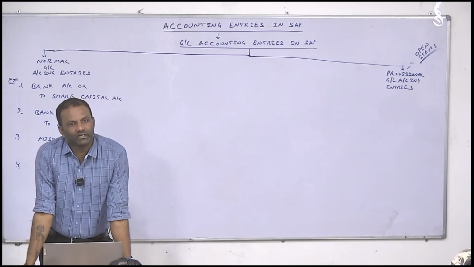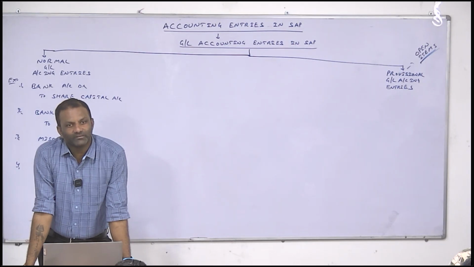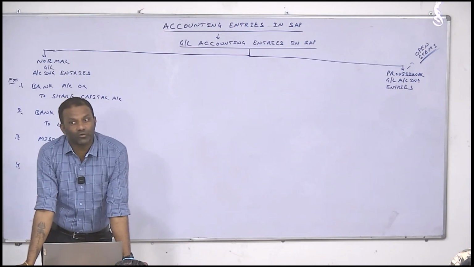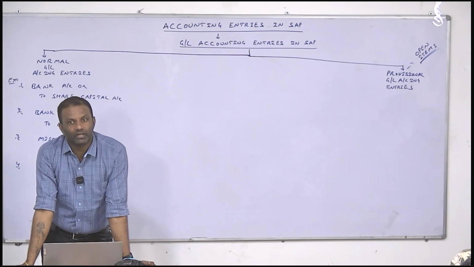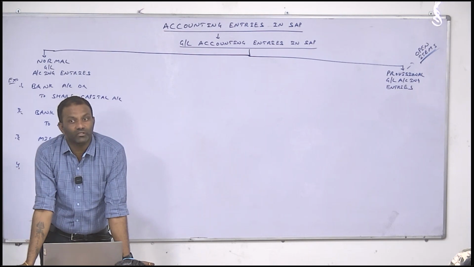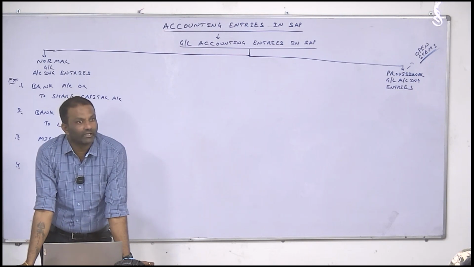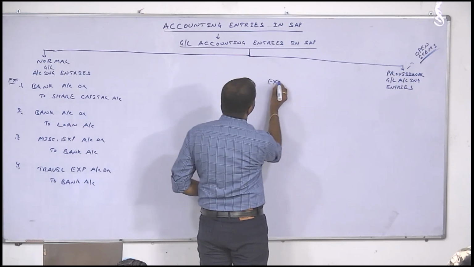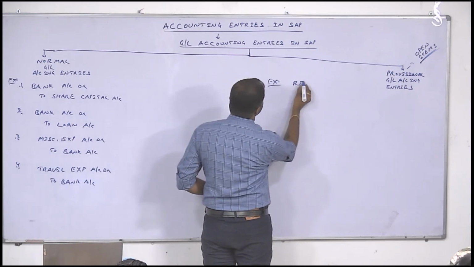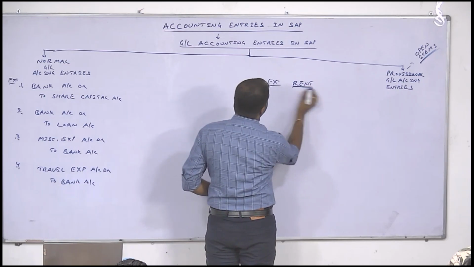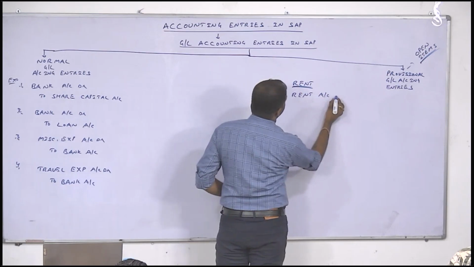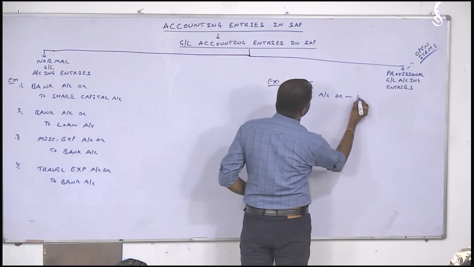I will write rent account debit to bank account, because whenever I make payment, only then can I. Okay, what accounting entry will I do? Rent account debit to rent outstanding, payable or provision. Rent account debit to rent payable account. Here, what is the provisional entry I will post? Example: rent account debit, just assume it is 1 lakh.